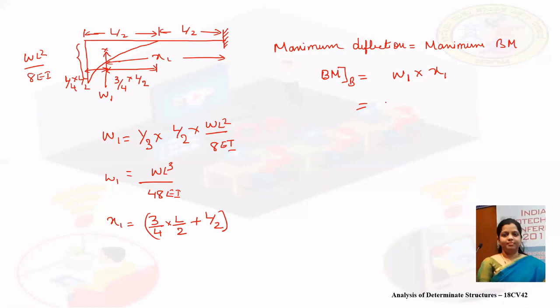Therefore, substituting the values here, WL cube by 48 EI into 3 by 4 times of L by 2 plus L by 2.